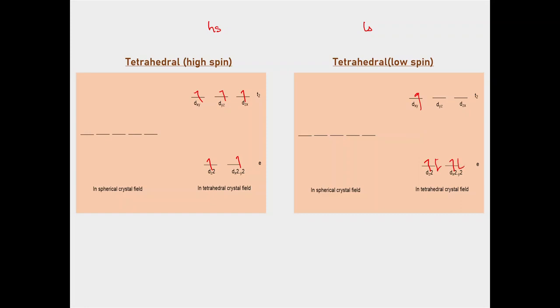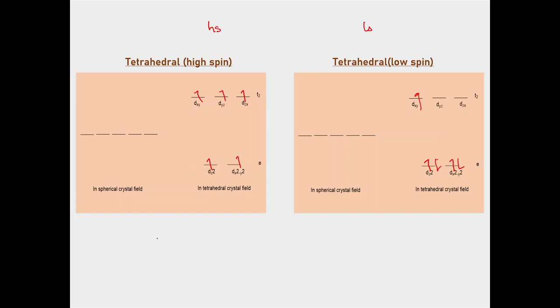Generally, in the case of tetrahedral complexes, the pairing energy required for pairing up is more. So mostly for all tetrahedral complexes, we get a high spin complex only.